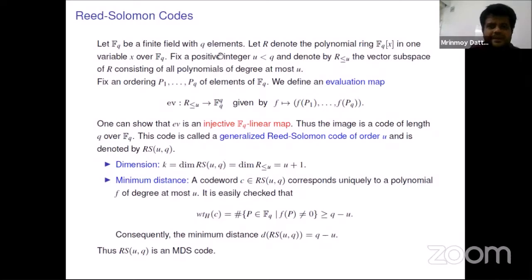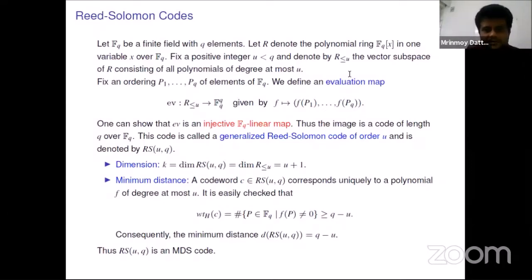This is for some technical reasons, and if you want to understand it, I have to go a little deep into finite fields. That is not the purpose of this talk. So let us assume this as a black box that I would always take u to be less than q. And I will denote by R_{≤u} the vector subspace of R which consists of all the polynomials of degree at most u.